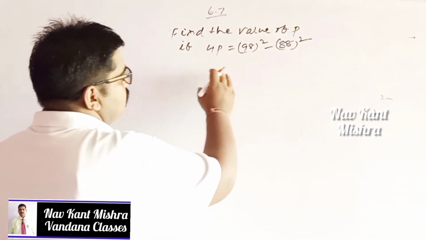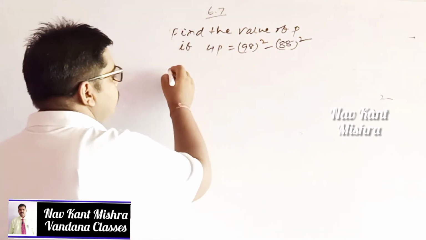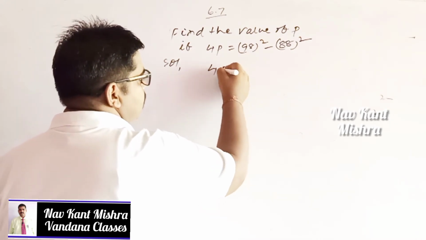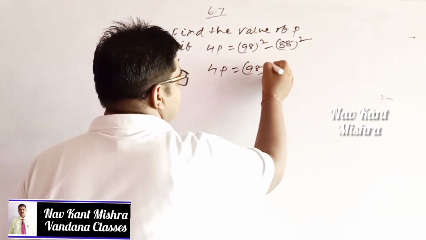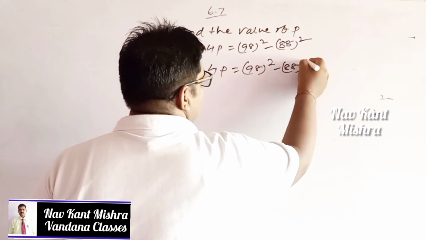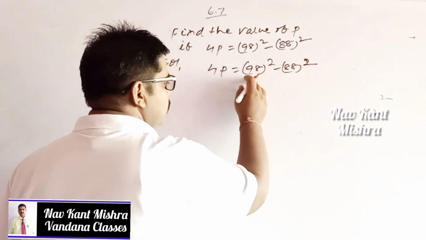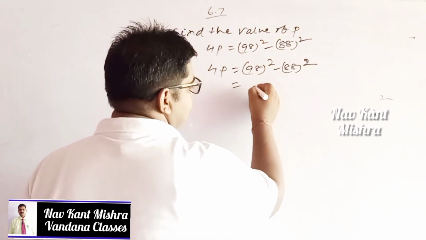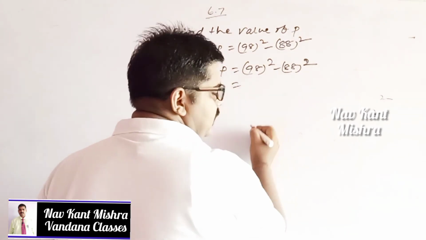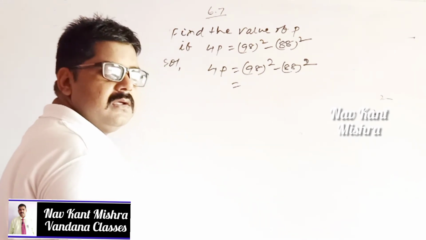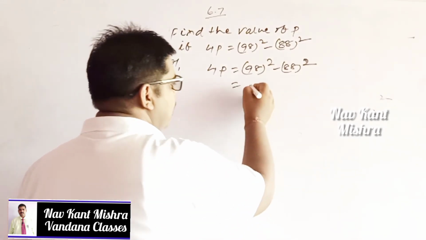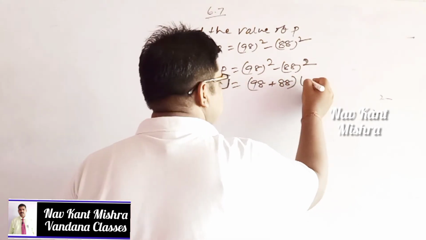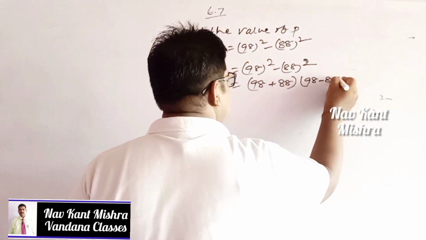In this question you need to find the value of p, and regarding the solution, an equation has been given: 4p is equal to 98 square minus 88 whole square. So you have to use the formula a square minus b square, and you know that a square minus b square is equal to (a plus b) into (a minus b), and this is why you can write down (98 plus 88) into (98 minus 88).